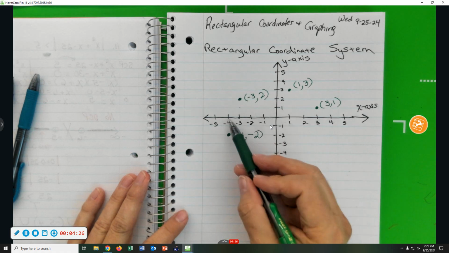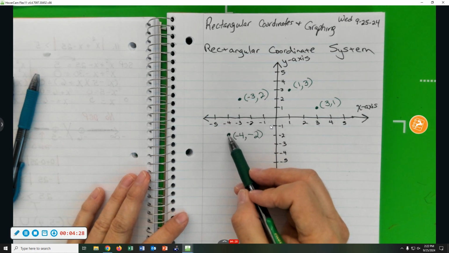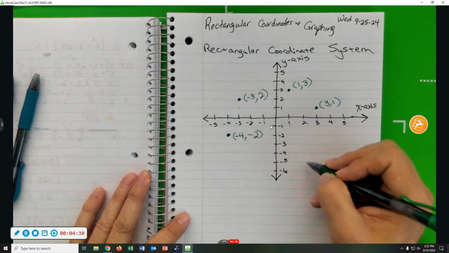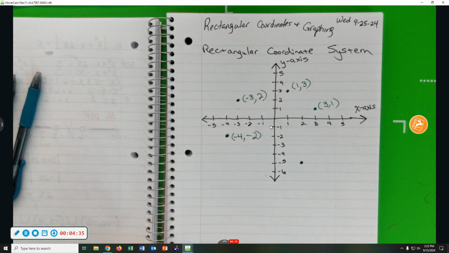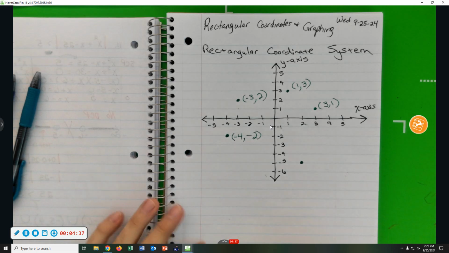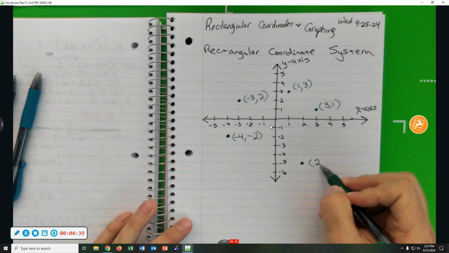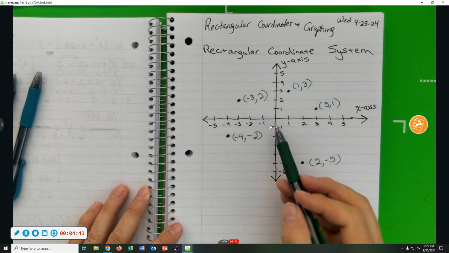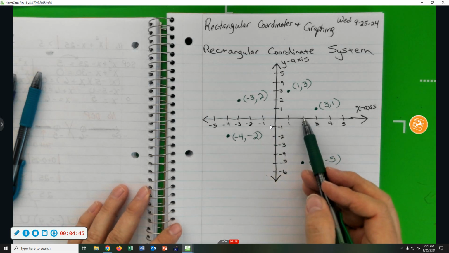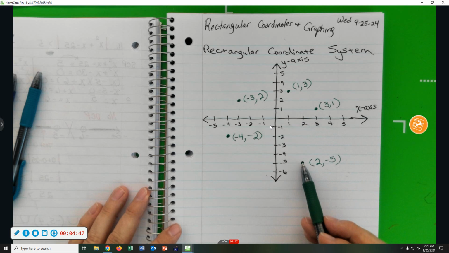We went 4 units to the left and then down 2 units. What about this point? Do you see that point there? What would it be in terms of ordered pairs? 2, I heard a 2. And negative 5, I agree. Starting at the origin, you go 2 units to the right and then 5 units down to get to that point.